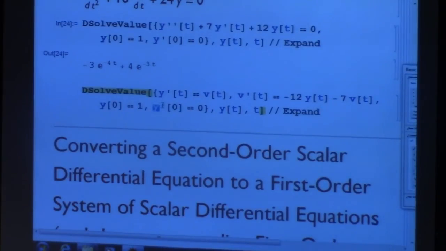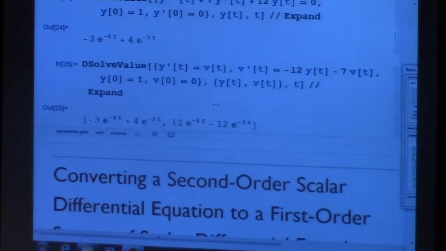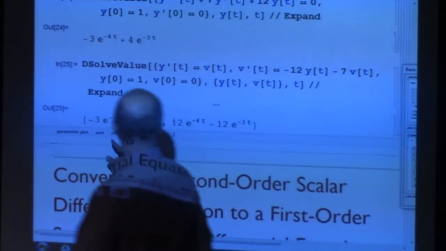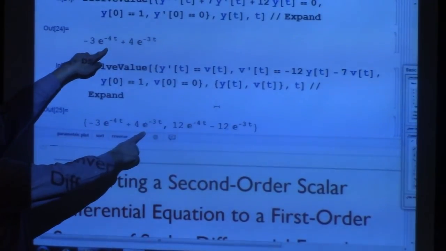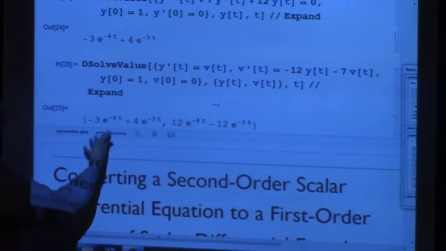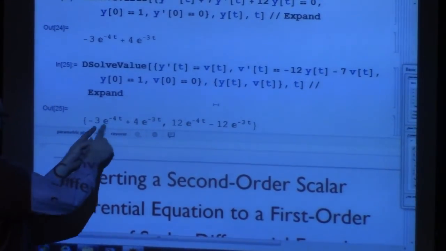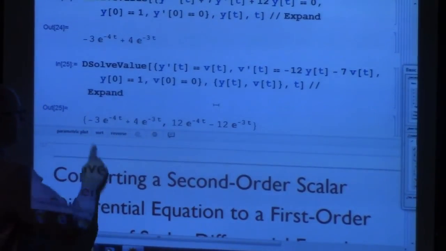Here we need a v instead of a y prime. I'm not just solving for y, I'm also solving for v. That's the same answer, but in vector form. As a list in Mathematica, the first entry is y, that matches that. The second entry is v, the velocity, it's y prime. Differentiate this, you get 12e^(-4t) minus 12e^(-3t). That's y, that's v.